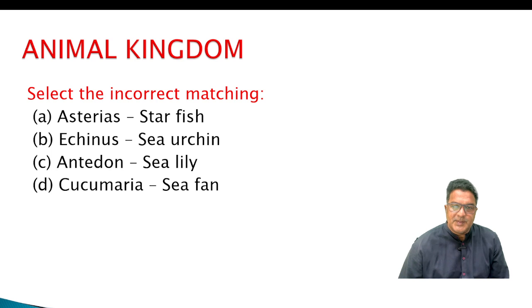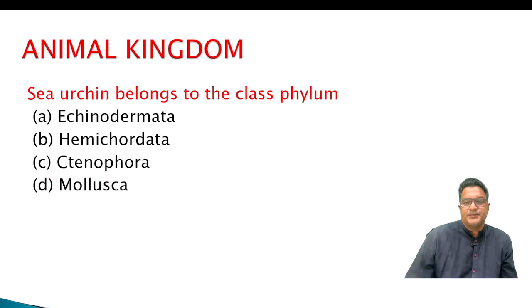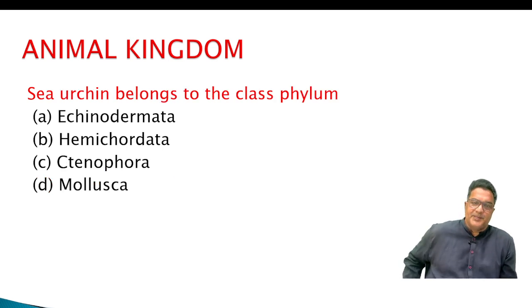Asterias, starfish; Echinus, sea urchin; Antedon, sea lily; Cucumaria, sea fan? Cucumaria is sea cucumber. Sea urchin belongs to which phylum?